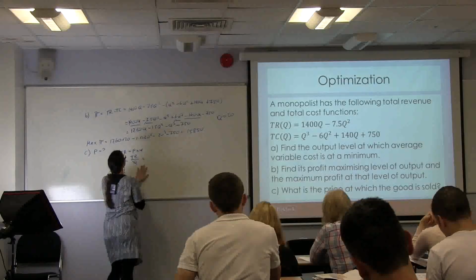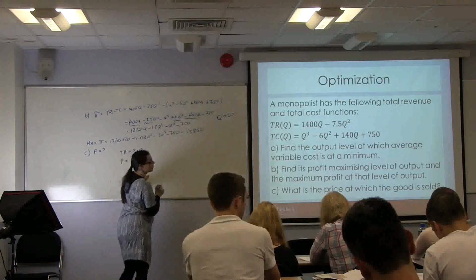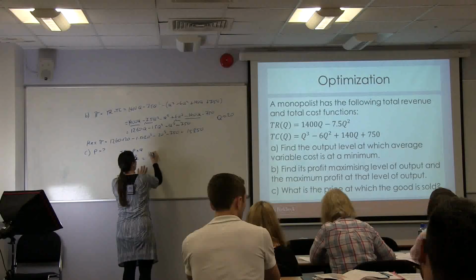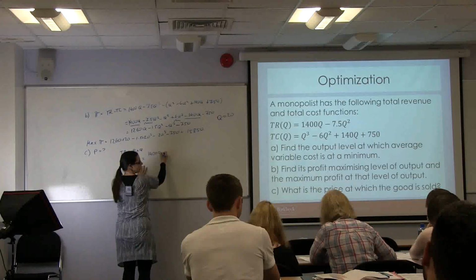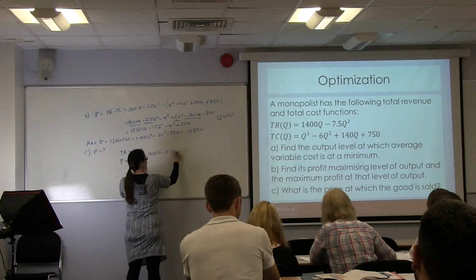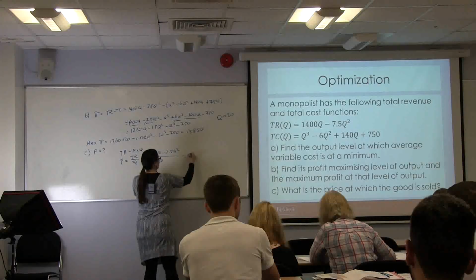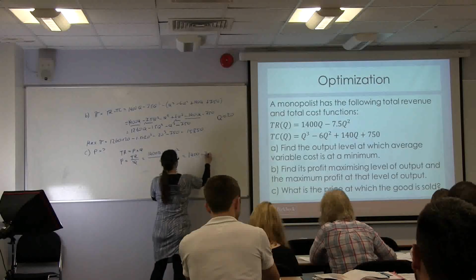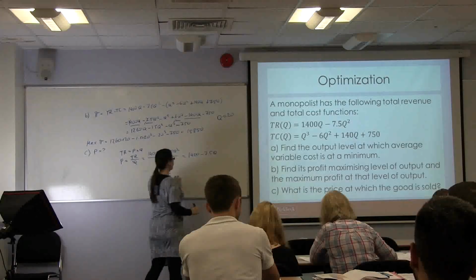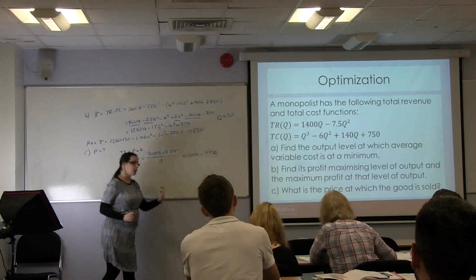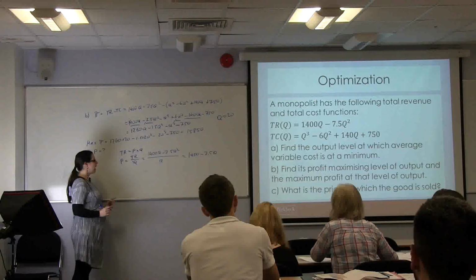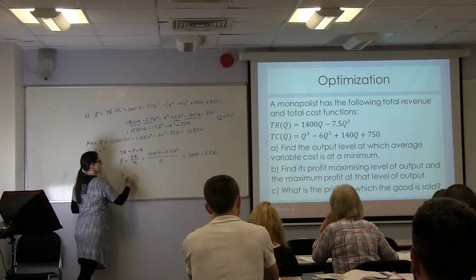So if I got my total revenue, which is 1,400 Q minus 7.5 Q squared divided by Q, that gives me 1,400 minus 7.5 Q. Now that's still not a number, but how can I actually find out that particular number?